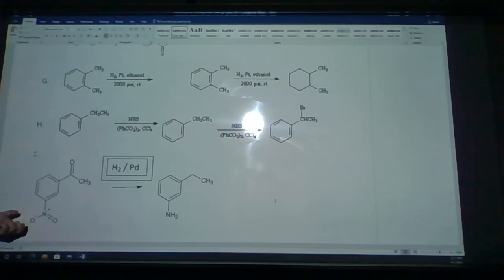So you have a direduction here, the C double bond O down to the CH2 and the nitro to the amino. Again, this position is activated towards reduction because of its position with respect to the double bonds. It can conjugate. It makes this more like a carbon-carbon double bond. Adding the hydrogen across gets you down to the alkane, reducing this nitro group, which is very reactive, down to the amine.